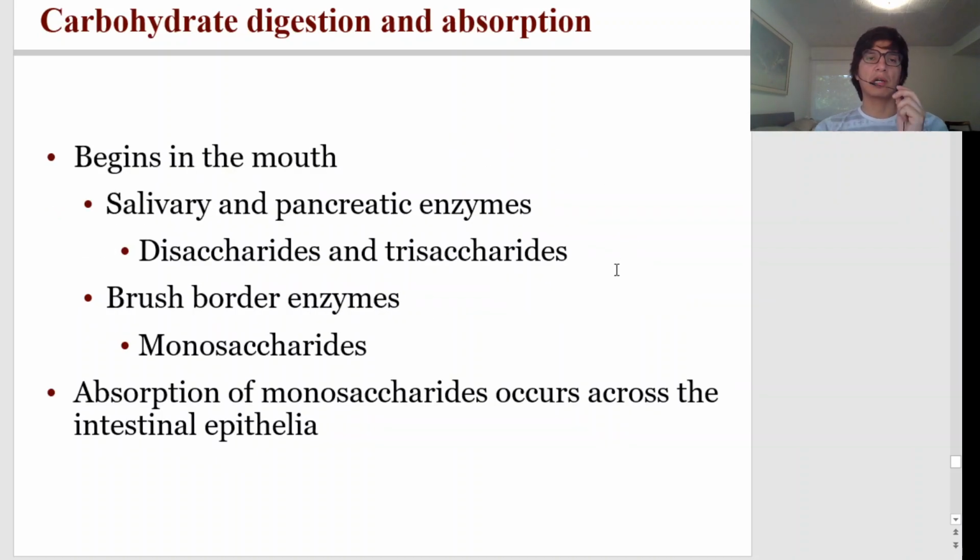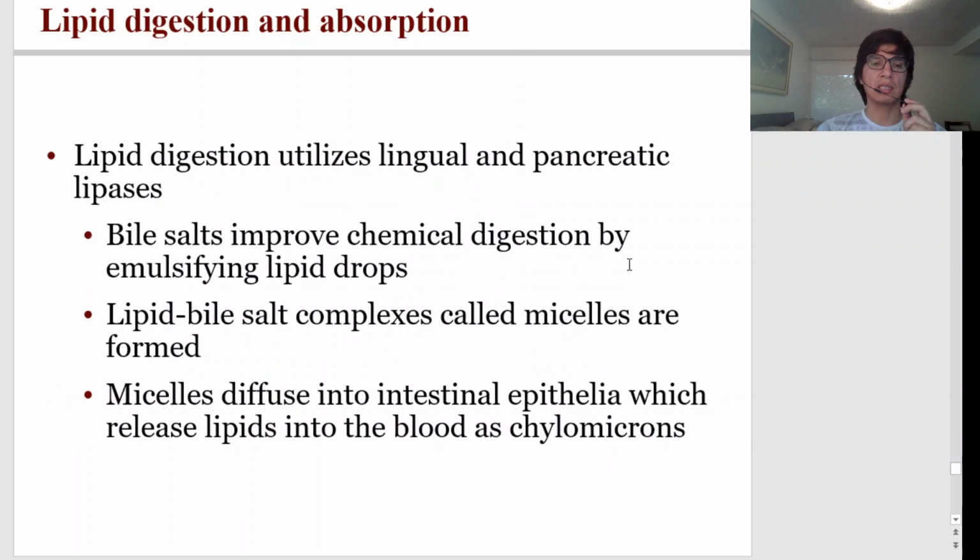So let's look at carbohydrate digestion and absorption. It initiates in the mouth through salivary amylase, but also through brush border enzymes. Absorption occurs mostly across the intestinal epithelia. We mentioned this is mostly done in the jejunum. Lipid digestion uses lingual lipase and pancreatic lipase. Bile salts aid in this process through emulsification.